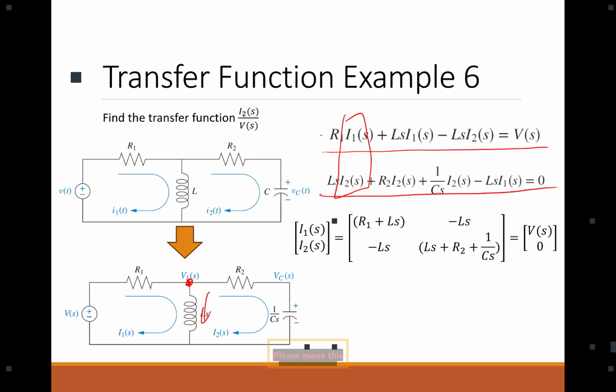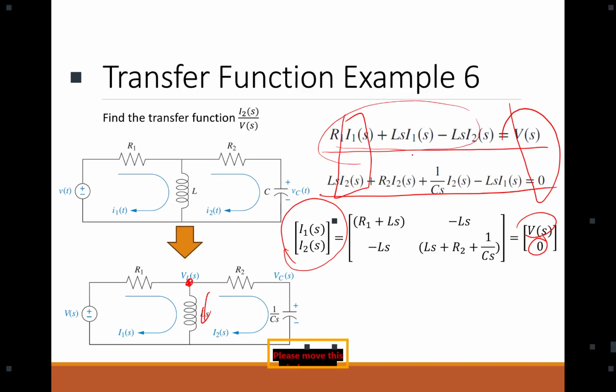Are we good? This is the vector of the currents. We have a vector of inputs. The first equation is Vs, the second one is 0. We don't have any source here. Are we good? And what relates them is the coefficients that we have here.